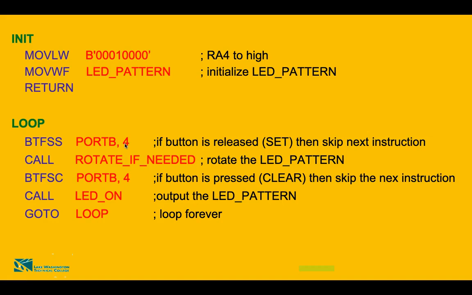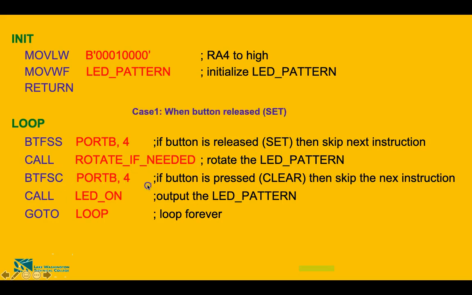So if it is set, which means the button is released, then let's see what it says. If button is released or set, then skip the next instruction and go here. So it should skip this instruction and go here.